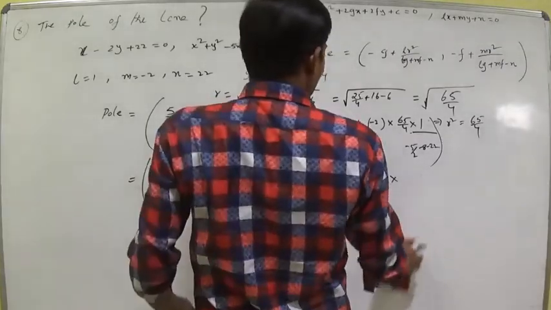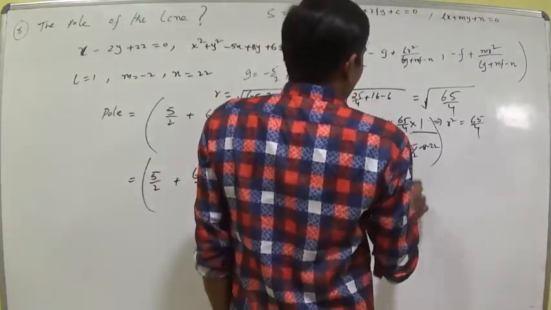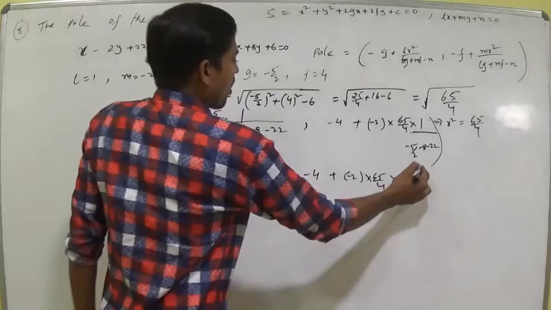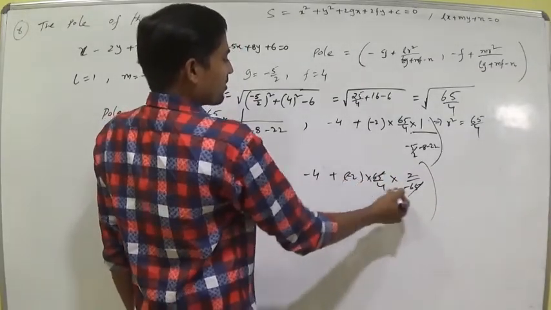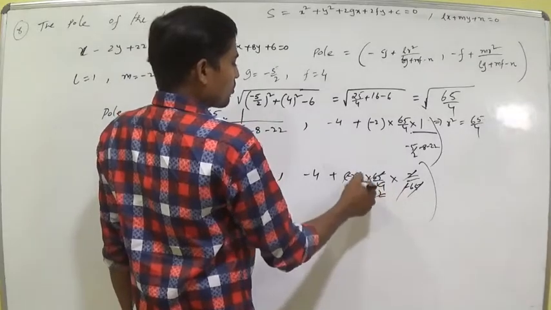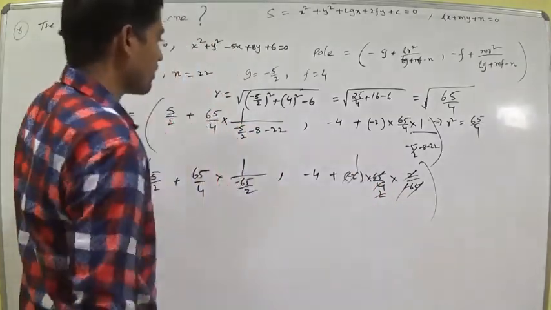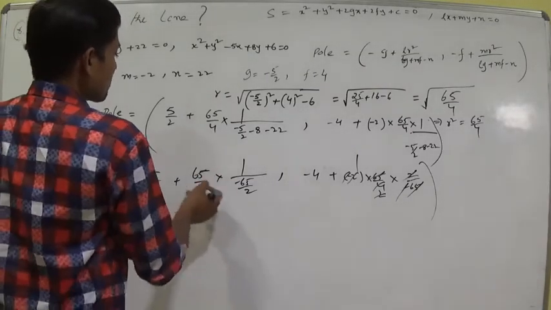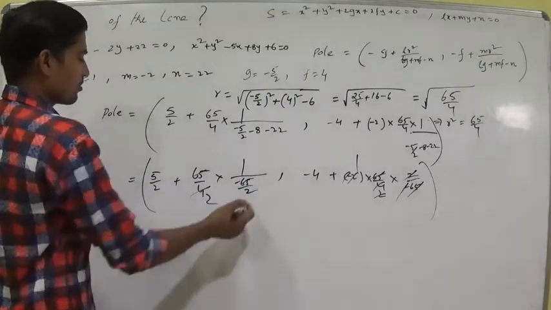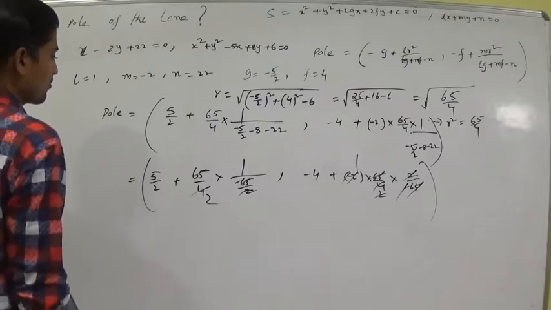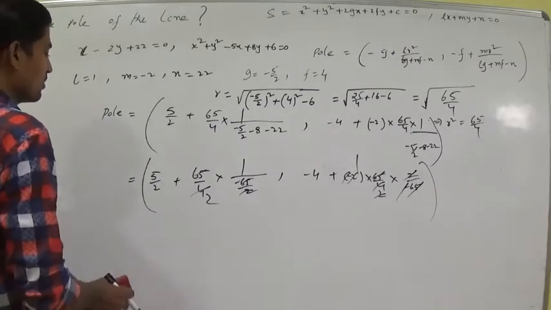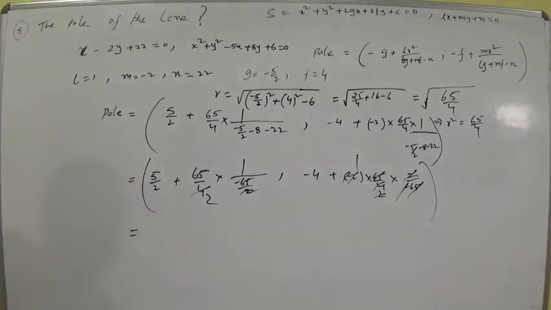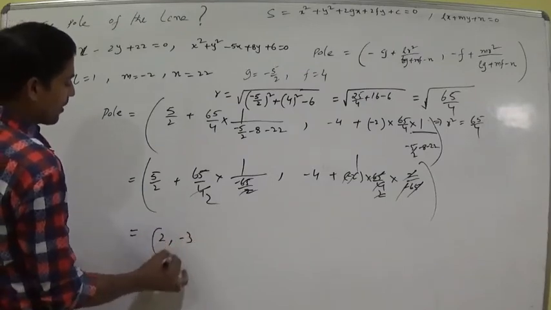Simplifying, the 65 and the 2 times 2 cancel, which becomes totally 1, and then minus 1 by 2, which is equal to 4 by 2 equal to 2 comma minus 3.